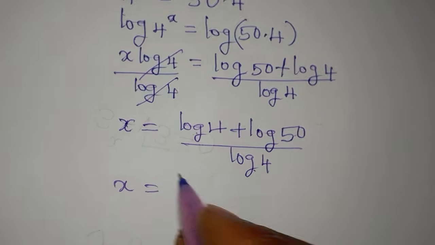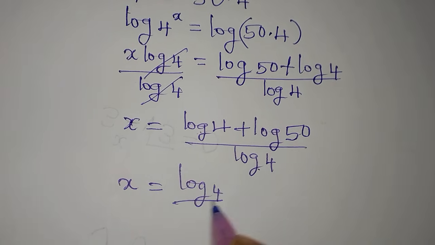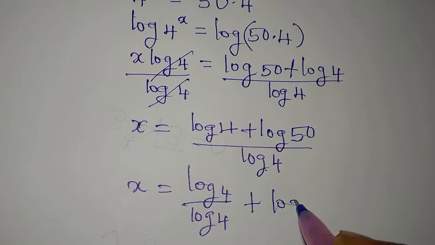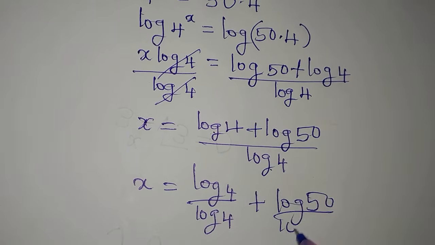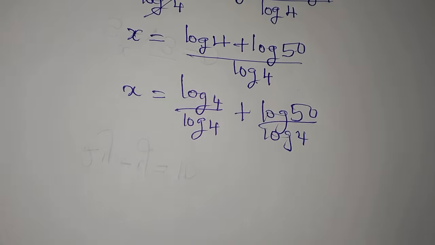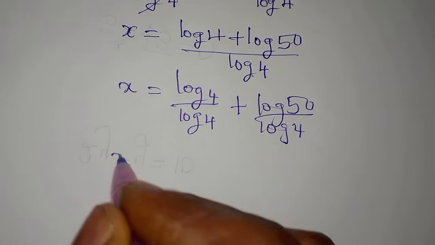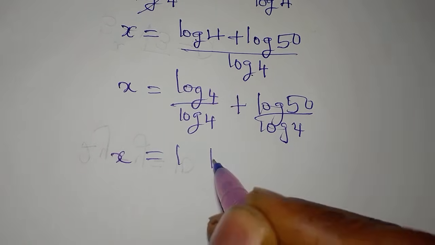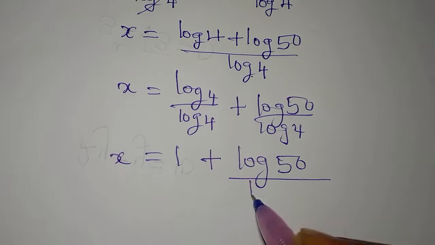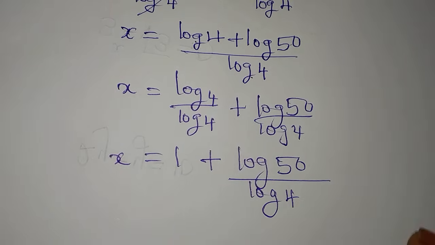So x is log 4 over log 4 plus log 50 over log 4. So what happens? Log 4 over log 4 is 1. So x is equal to 1 plus log 50 divided by log 4.